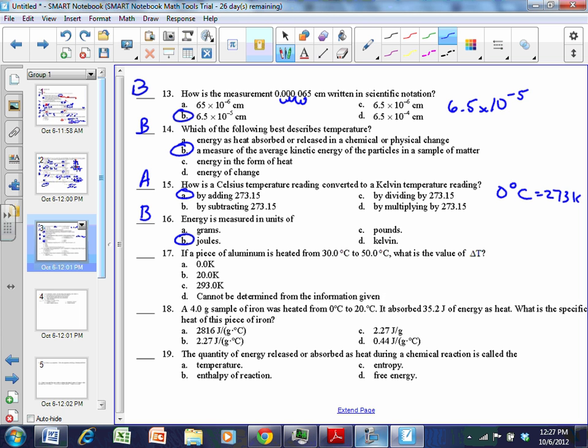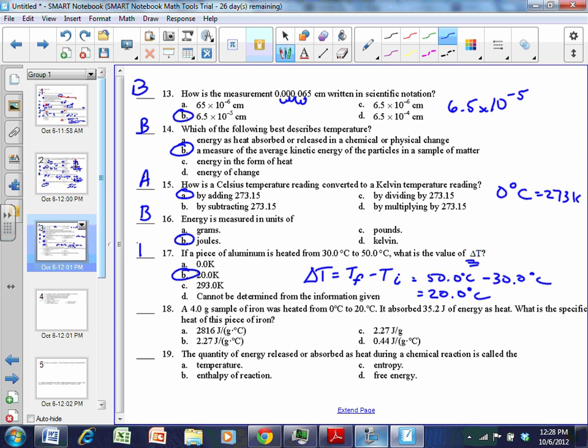If a piece of aluminum is heated from 30 to 50, what is the value of delta T? Delta, remember, just means change in. So delta T equals T final minus T initial, equals 50.0 degrees C minus 30.0 degrees C, and that equals 20.0 degrees C. B, or 20.0 Kelvin.